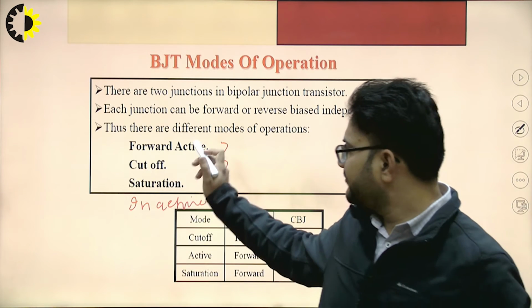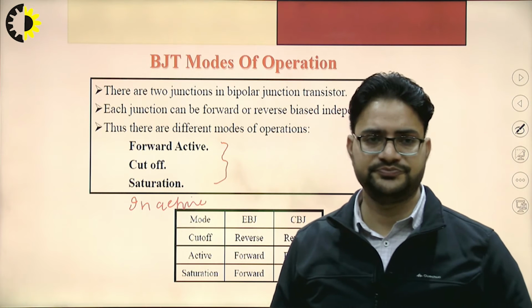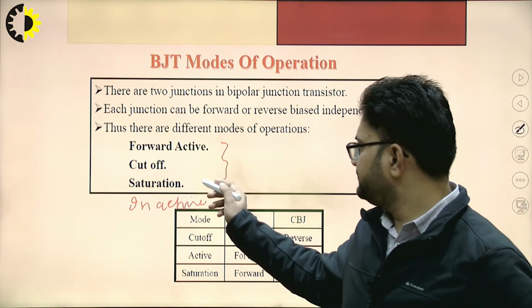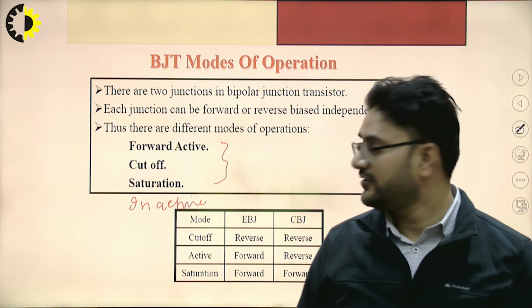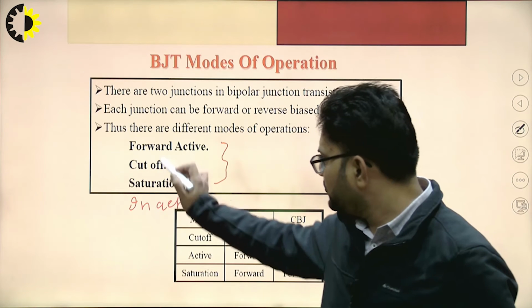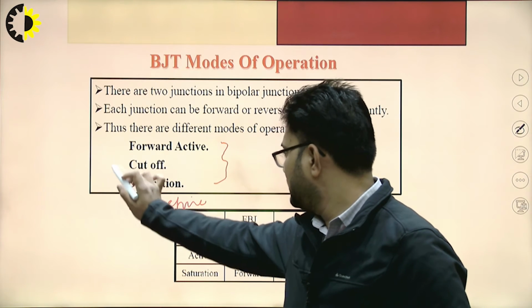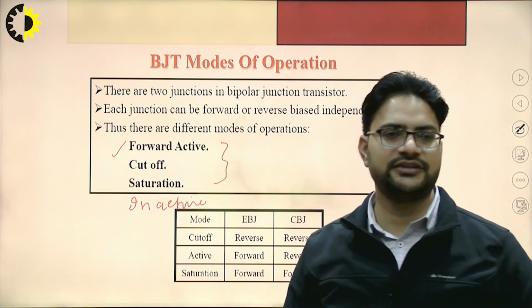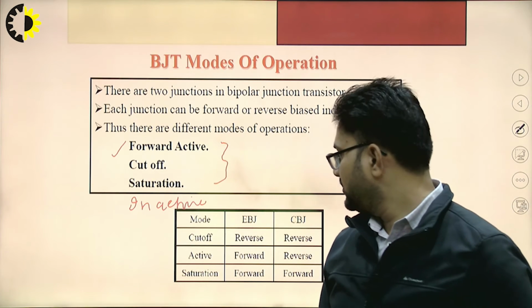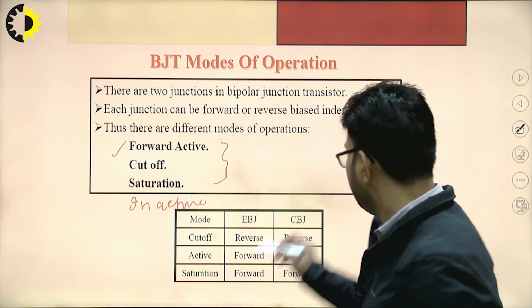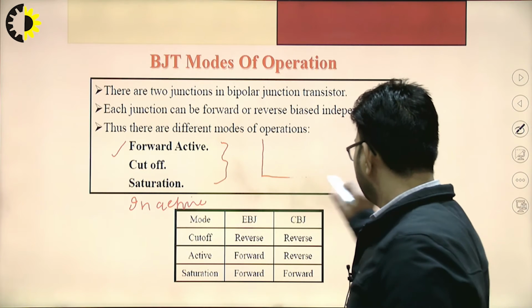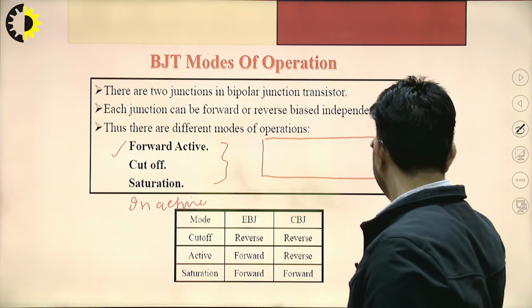So we can define 3 types of modes. The first mode is the forward active mode. In this mode, see, we have this transistor.